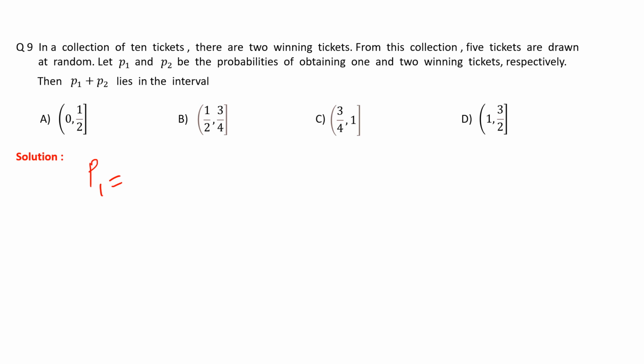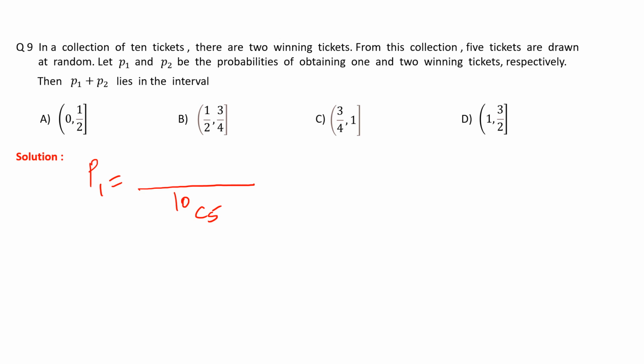And there are total 10 tickets, and we have to draw 5 tickets in all out of them, right? Now, clearly the exhaustive number of cases is going to be 10C5, because we are drawing 5 tickets out of the given 10 tickets. But while writing favorable number of cases, you need to be careful.